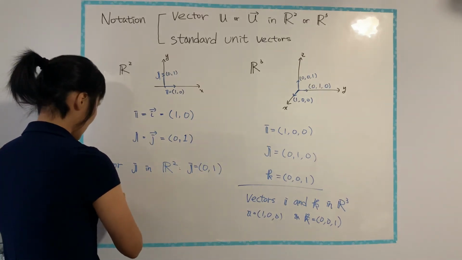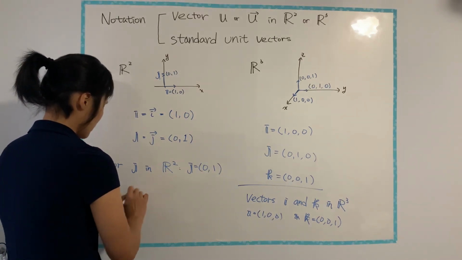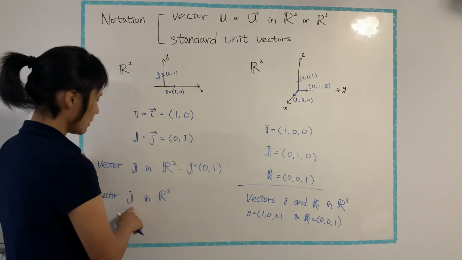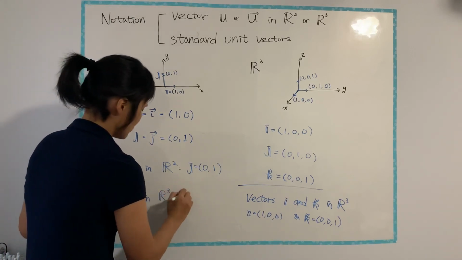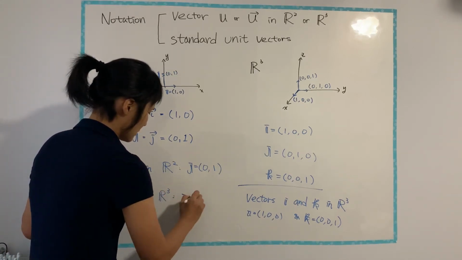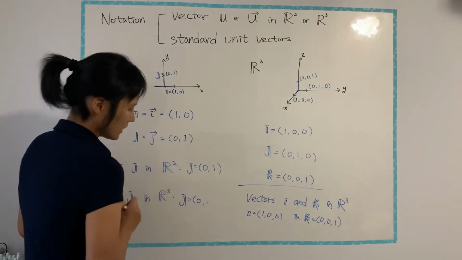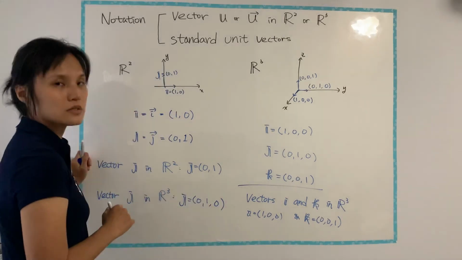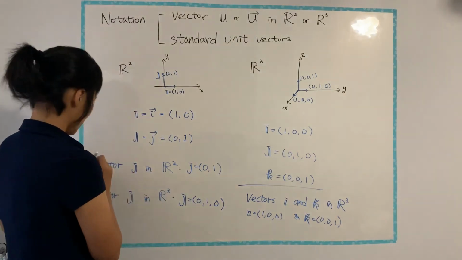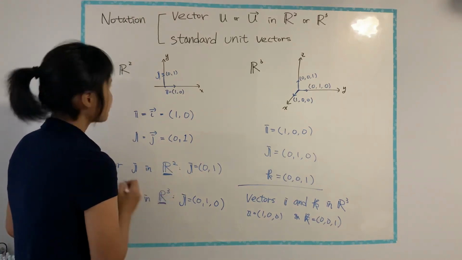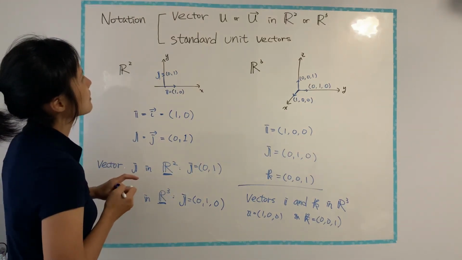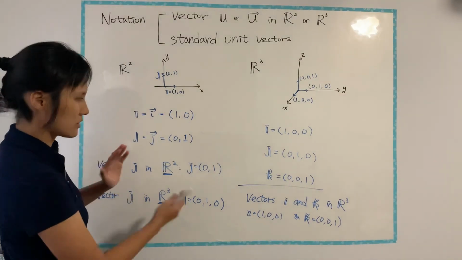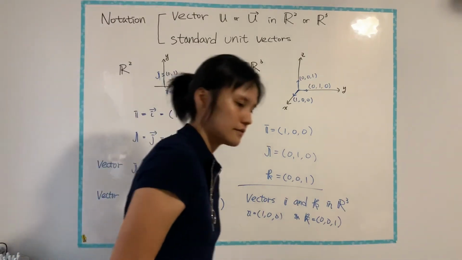And if I say I'm looking for a vector j in R3, without telling you the coordinates, you know that j should be the vector in y direction, but it has x, y, z 3 components, like that. Okay, so now you know the standard unit vectors we use for both R2 and R3. Okay, so they're the same, basically. That's it for the notation.